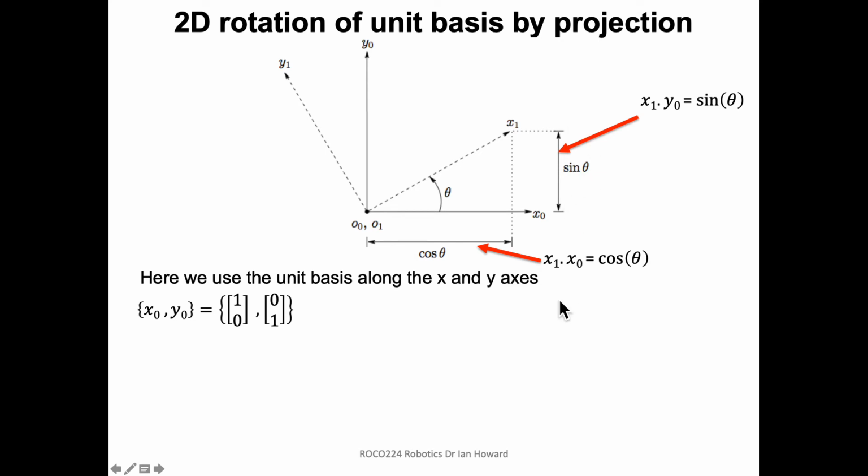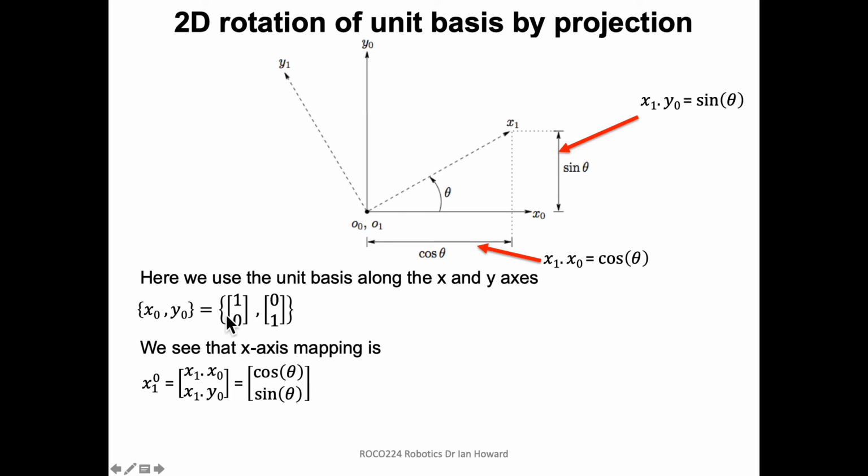So we have two relations depending on which one we're projecting it onto. Here we're projecting it onto x0 and here we're projecting it onto y0. So this would give the projection for the x0 and the y0 unit vectors.